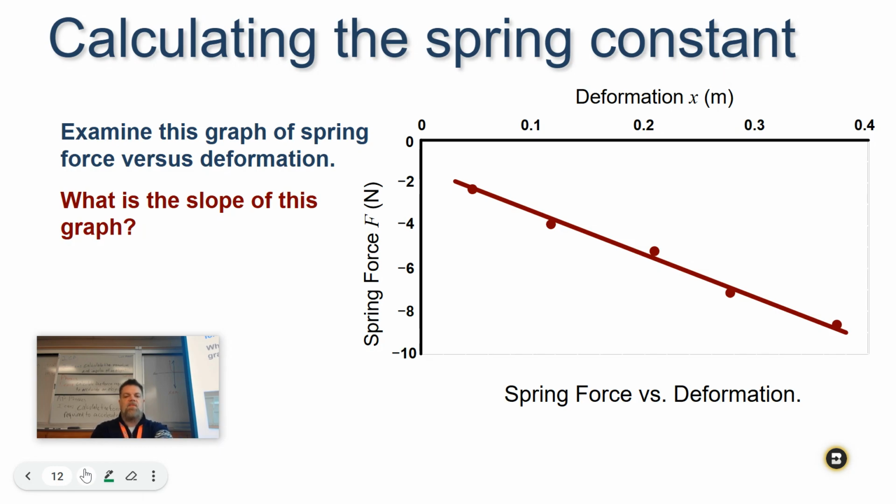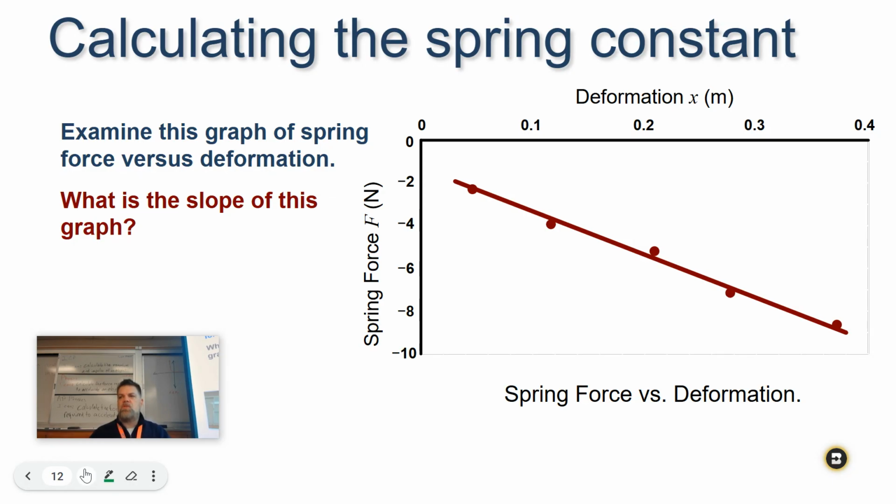You can examine the graph of the spring force versus deformation. Notice that it's linear. So when we think of force equals negative kx, isn't that kind of like y equals negative mx? So the slope of the force versus the deformation, or the change in the length of the spring, will be a straight line for springs. So it's a linear relationship.